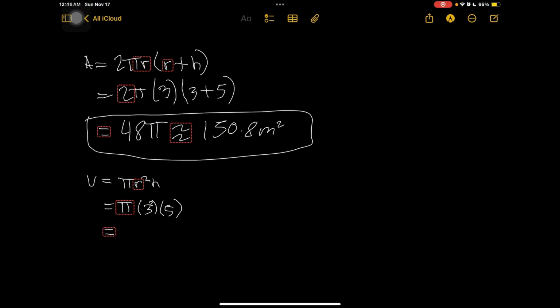So 3 multiplied by 3 is 9, and multiplied by 5 here. So 45 pi.